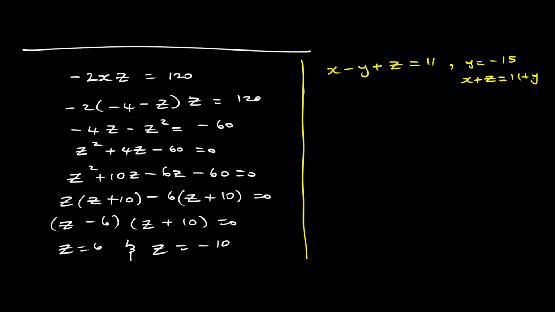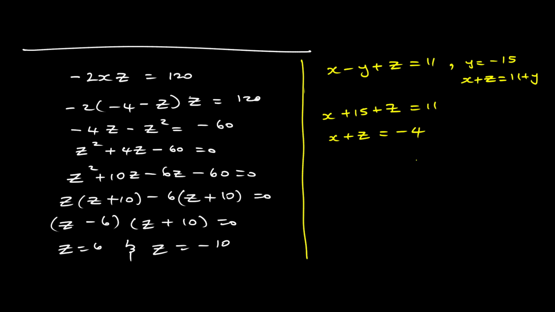So we could actually rewrite this equation, seeing that we have a negative here, so negative minus negative, so plus 15. All right, so x plus z is equal to negative 4.